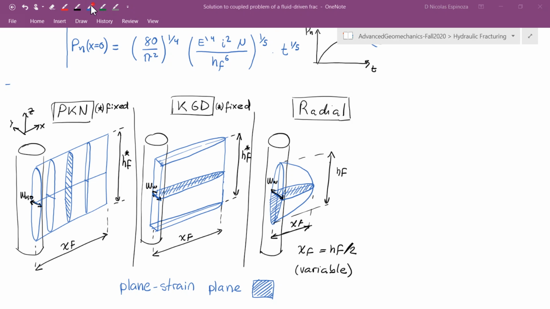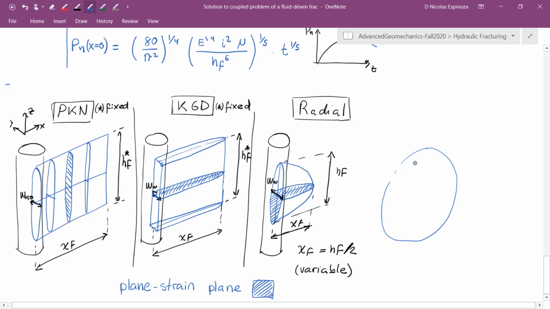Let me do a schematic of that because I think what I'm saying is kind of difficult to understand. So if we were to assume this fracture in 3 dimensions, this radial fracture is going to look like this, and the axis of symmetry I'm referring to is this one.